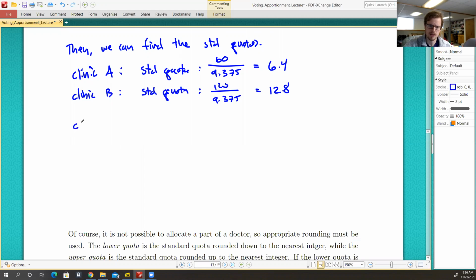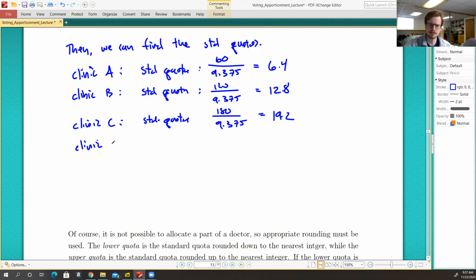There are more doctors. Clinic C's standard quota would be the 180 patients they see each week divided by 9.375, to give us 19.2.